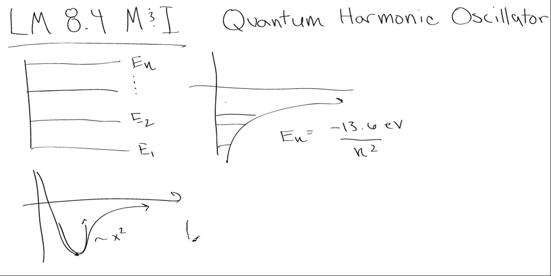And so defining, of course, the spring potential energy is 1/2 kx squared, then given this potential we can approximate near the equilibrium point the spring potential.